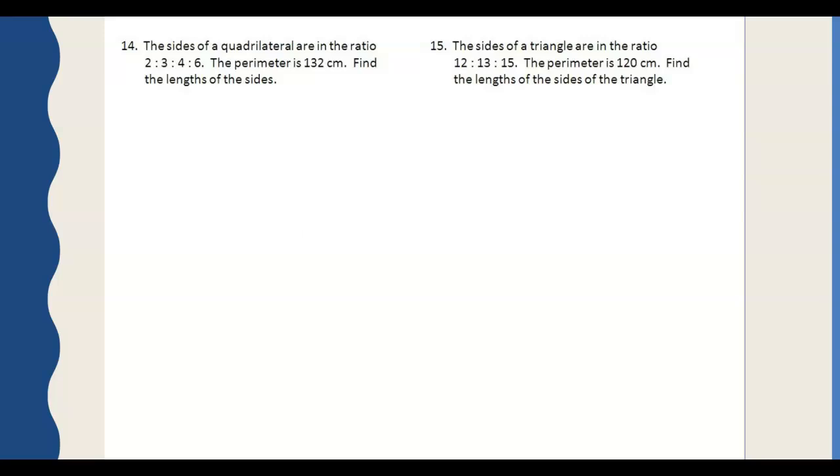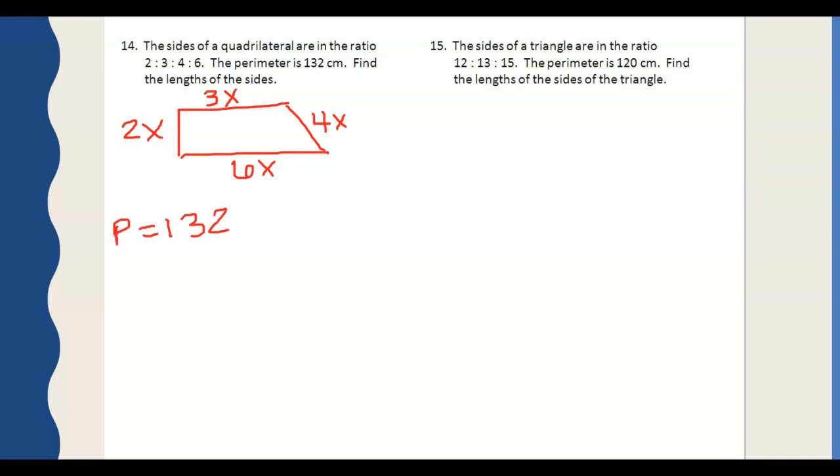All right. So similarly to those problems, we're told that the sides of a quadrilateral are in the ratio 2, 3, 4, 6. So that means that we have a quadrilateral. Maybe it's a trapezoid, maybe it's not. Its side lengths are 2, 3, 4, 6. So if they tell you a ratio, then they have a variable with that ratio. Perimeter is 132. But again, we have to recall that perimeter is the sum of all the sides.